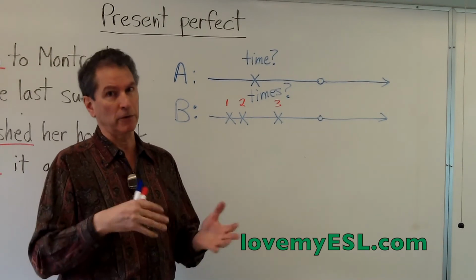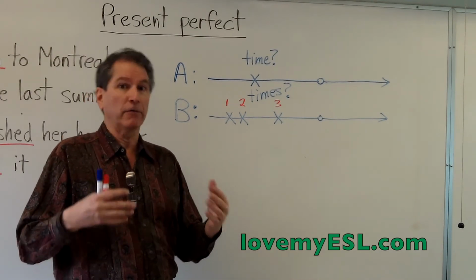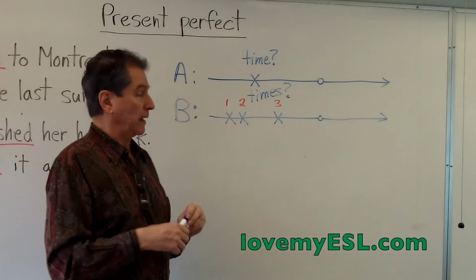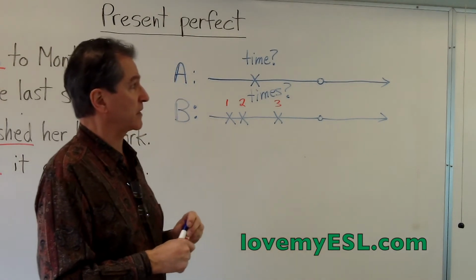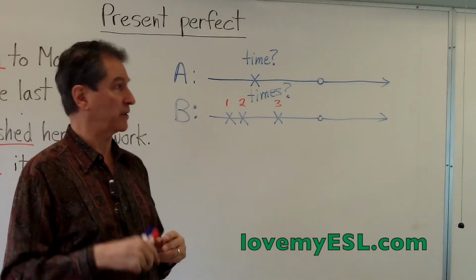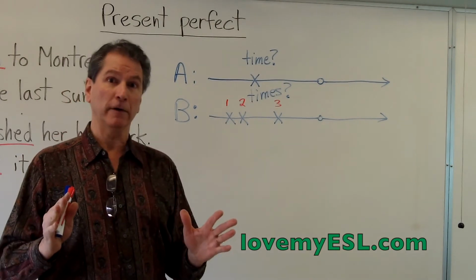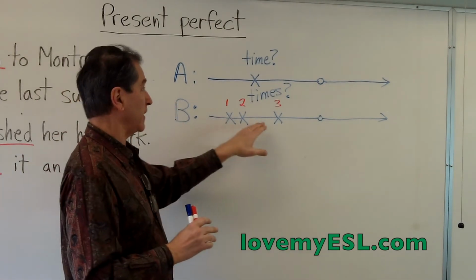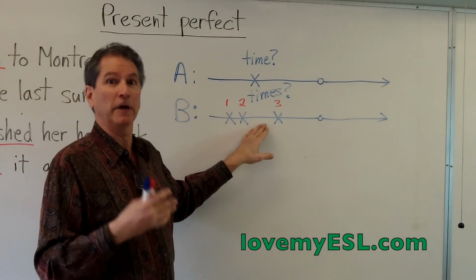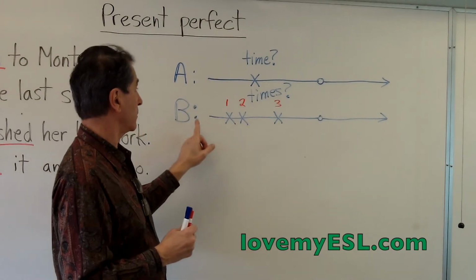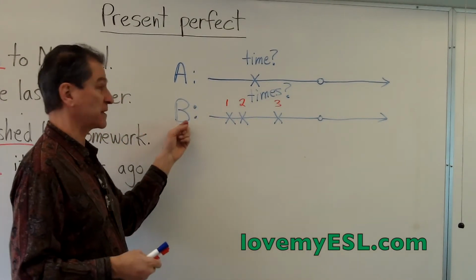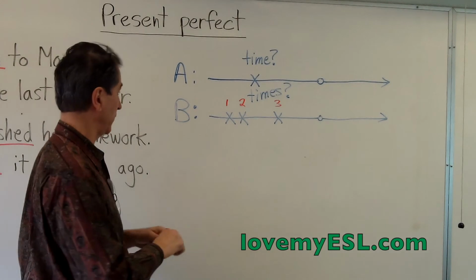A few, 2 or 3. Several, 3, 4, 5. What are some others? Let me see. A couple. A couple is only 2. Never, 0. So if I have any number, including the word never, which is 0, I'm going to be using the present perfect, and that's the second use for the present perfect.